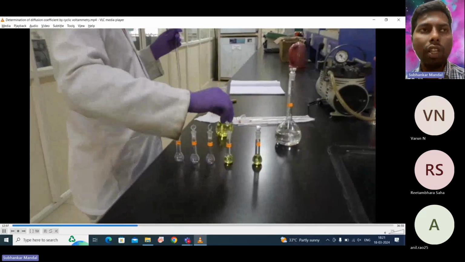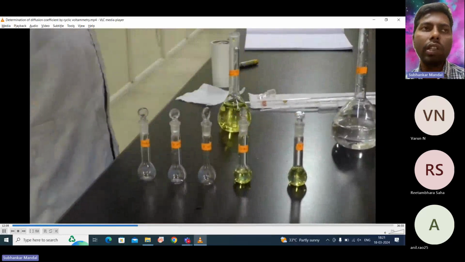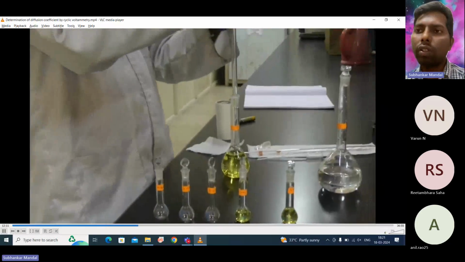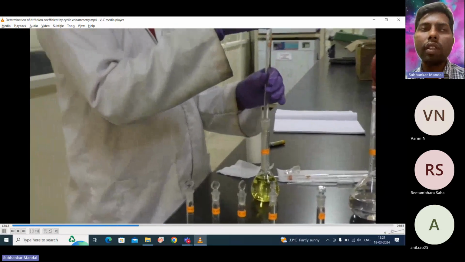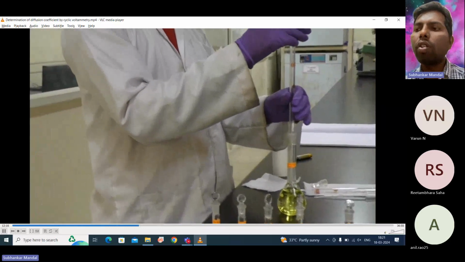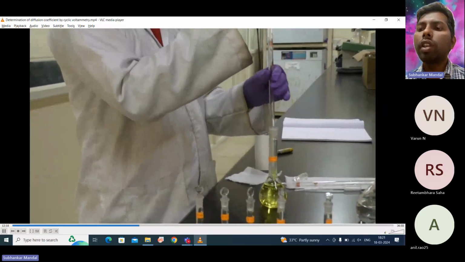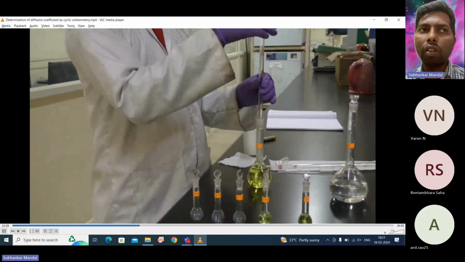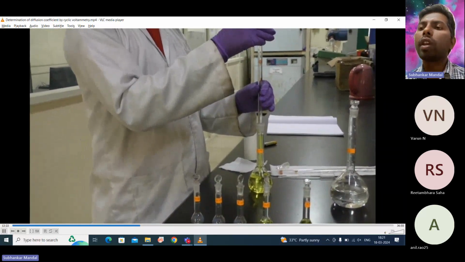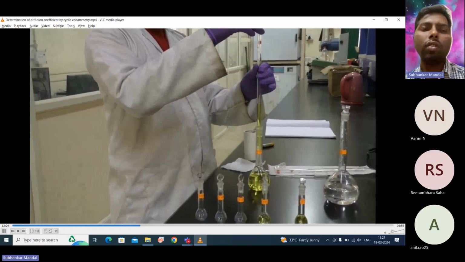So all are in millimolar, and the supporting electrolyte is 0.2 molar, so around 100 times higher concentration. In general, we take a higher concentration of supporting electrolyte because we want to minimize the migration current. Okay, so that is the thing.